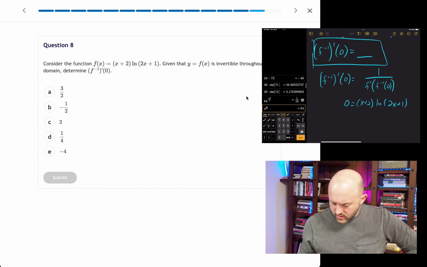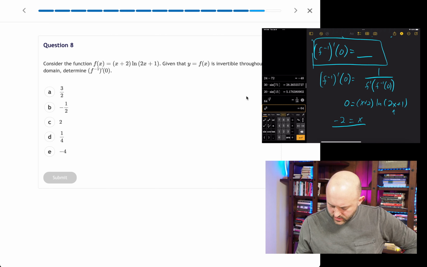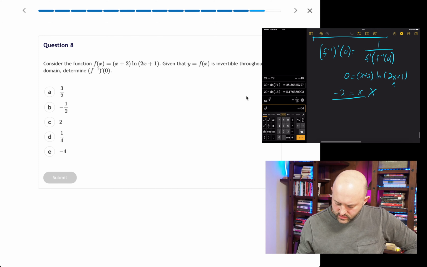So this gives us 0 when x plus 2 equals 0. So if x equals negative 2, that gives us 0. If I put x equals negative 2 here, what happens? Negative 4 natural log of this thing. So this is not a valid solution. So when does the natural log of 2x plus 1 equal 0?